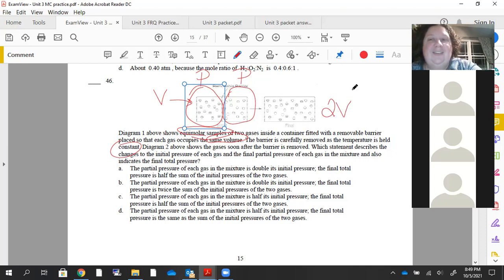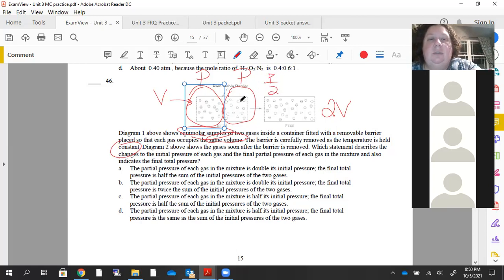So when we change the volume, we are going to change the pressure of that gas. I'm going to call it gas 1, just whichever one is on the left. Gas 1 has the same number of particles, the same temperature, but it's got twice the volume to bounce around in. Pressure and volume are inversely proportional. So if it's twice the volume, that means it's got half of the pressure now.